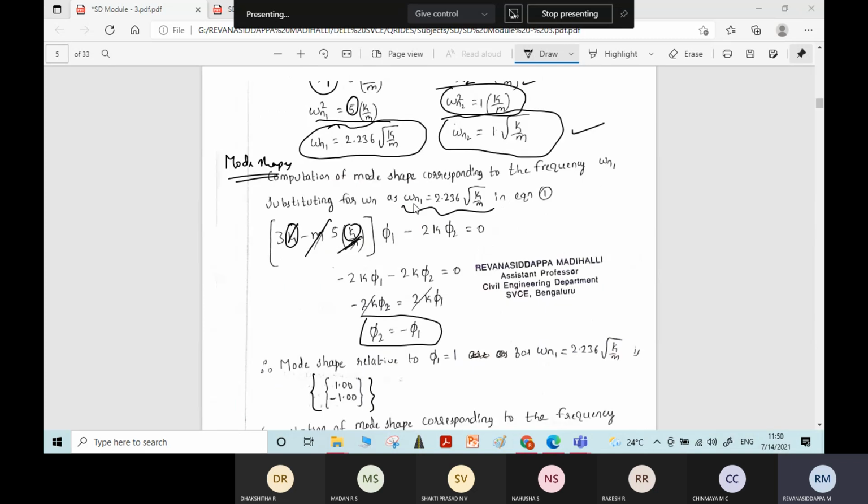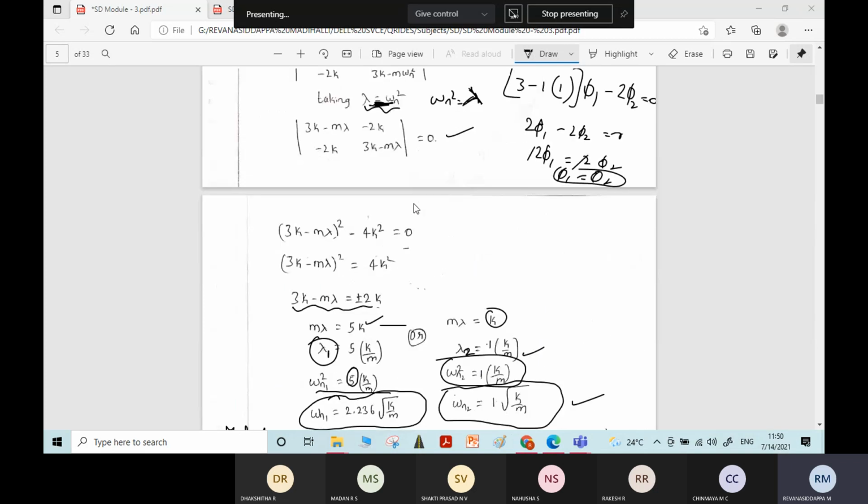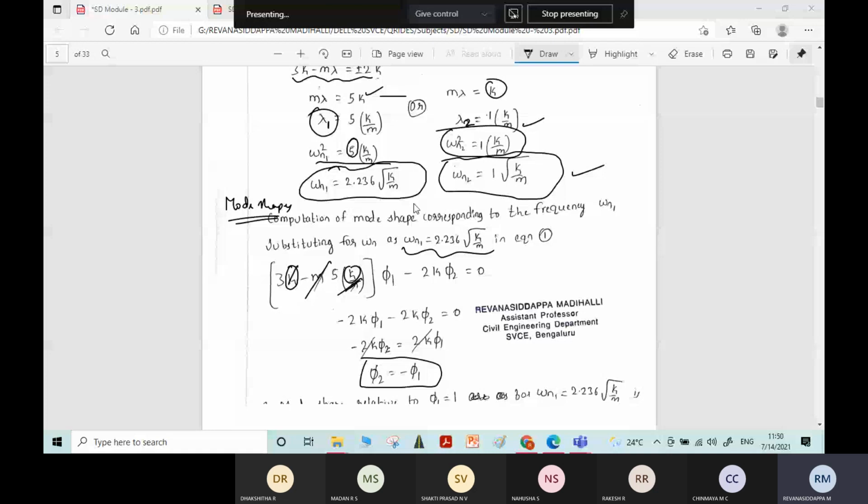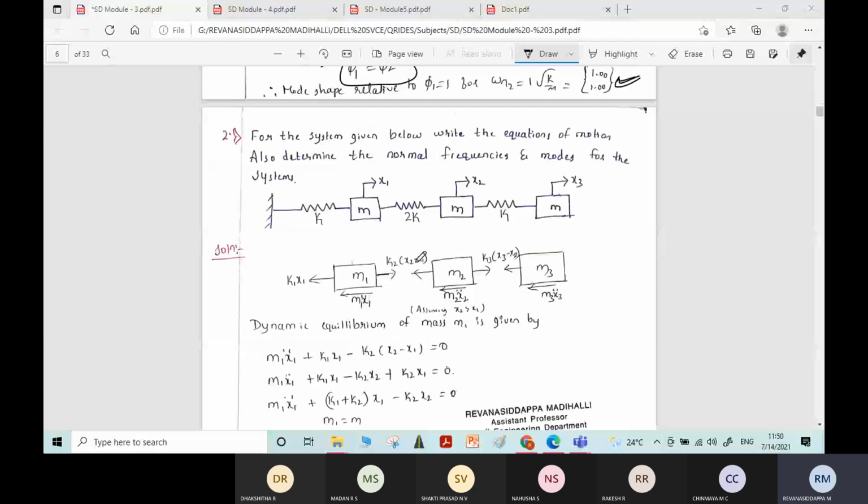Don't get confused with the problem which is solved in the notes. The notes given and the one solved in the class are both one and the same. See, for mass m1, k1 x1, m1 x1 double dot, it is the same.